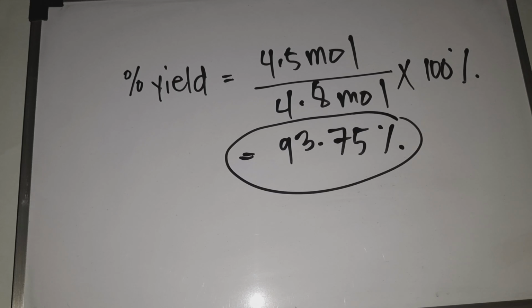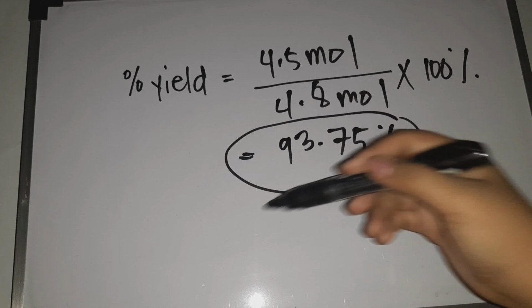Next, or the last one, we are tasked to find the excess in the reactants, or the leftover in our excess reagent. So how are we going to find that?